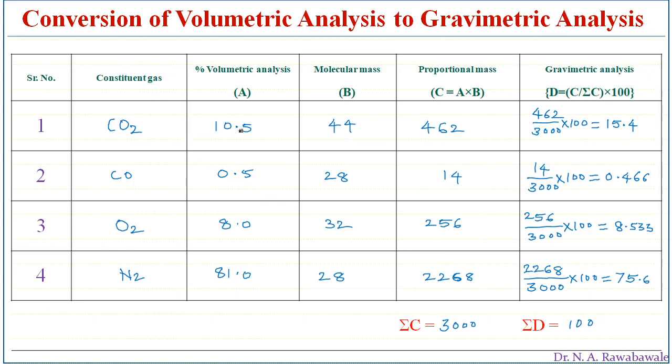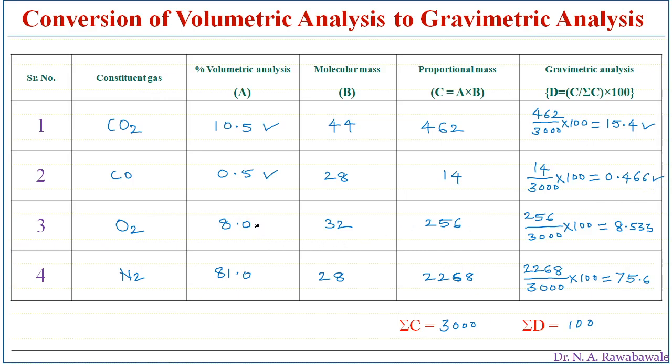So here, this is given on the volume basis. The constituent gas carbon dioxide by volume is 10.5%, whereas on mass basis it is 15.4%. Carbon monoxide is 0.5% by volume, whereas it is 0.466% by mass.